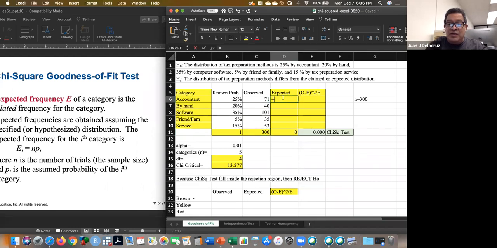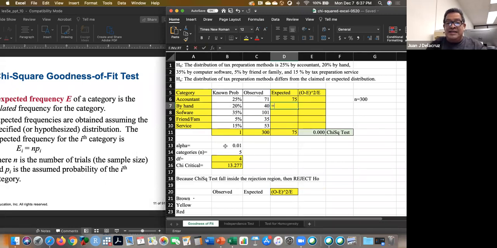So I'm going to do equal, the sample size times my 25%, right? So that is going to tell me that out of these 300, 71 people said that they were using an accountant, but actually I was expecting 75. So that's what my known probability is telling me.